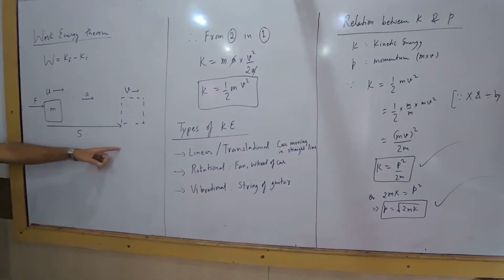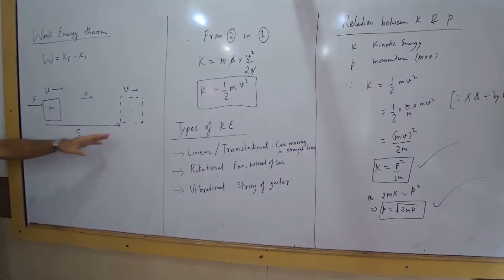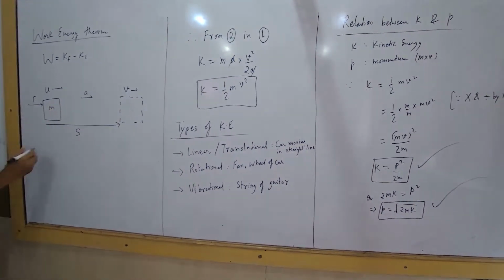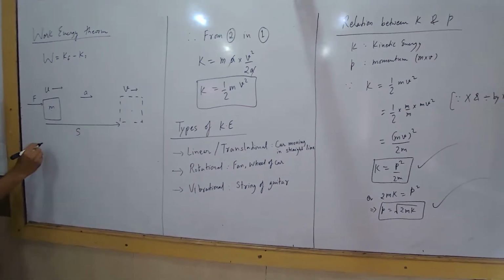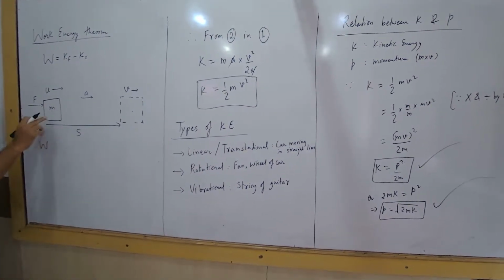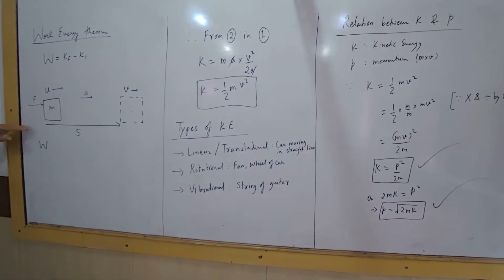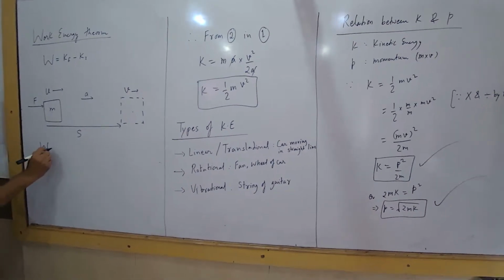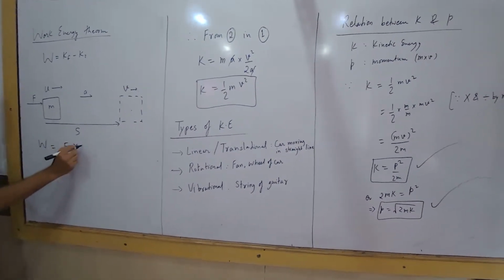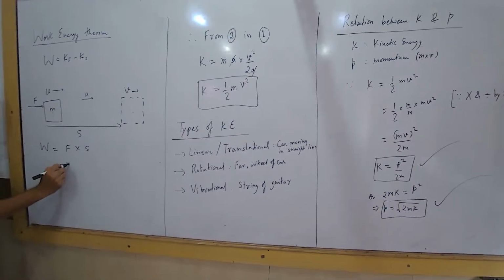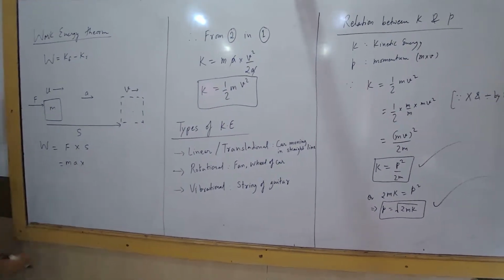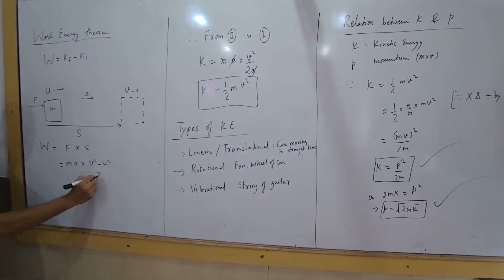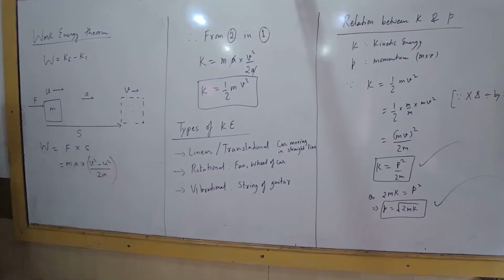Work acted over this displacement, so here it will have more energy than it had previously. The work done on the body is equal to F into S. F is m into a, and S is v square minus u square upon 2a, by the third equation of motion.